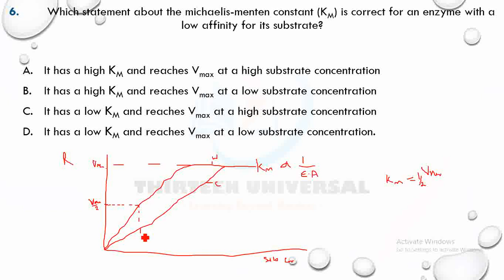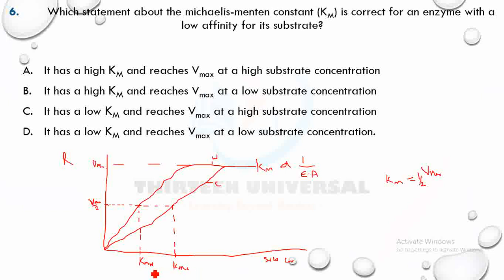So this is Km without inhibitor. Now let's trace for the one with competitive inhibitor. Can you see that the Km value has increased when you introduce a competitive inhibitor? This is Km with competitive inhibitor, KmC.